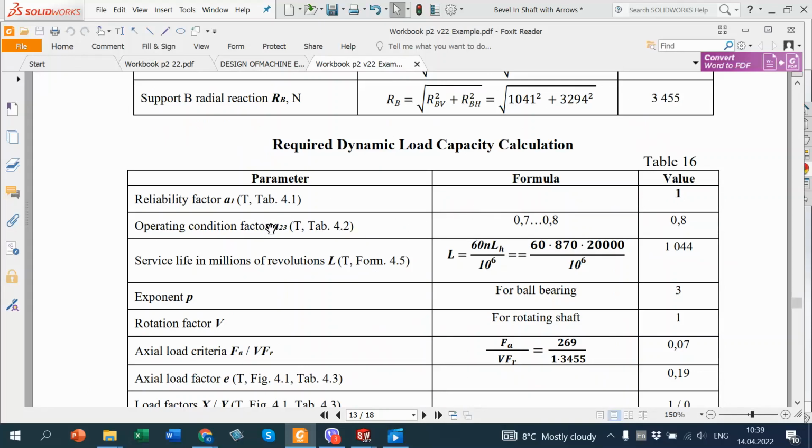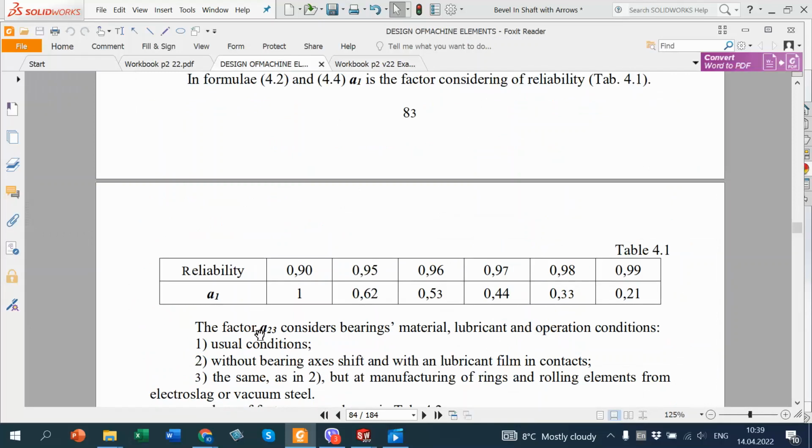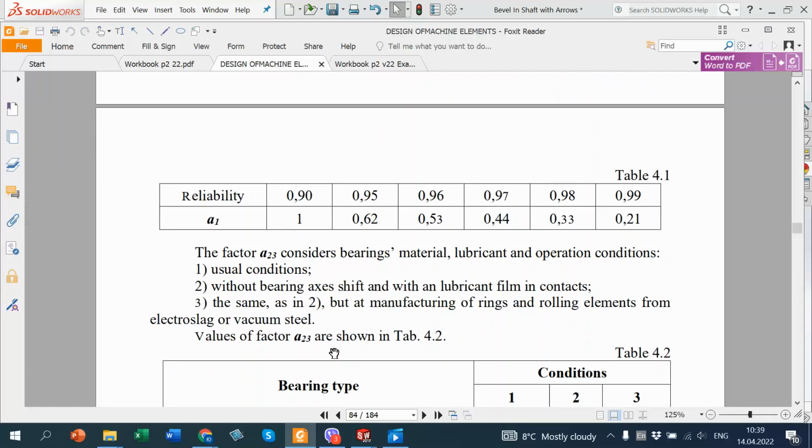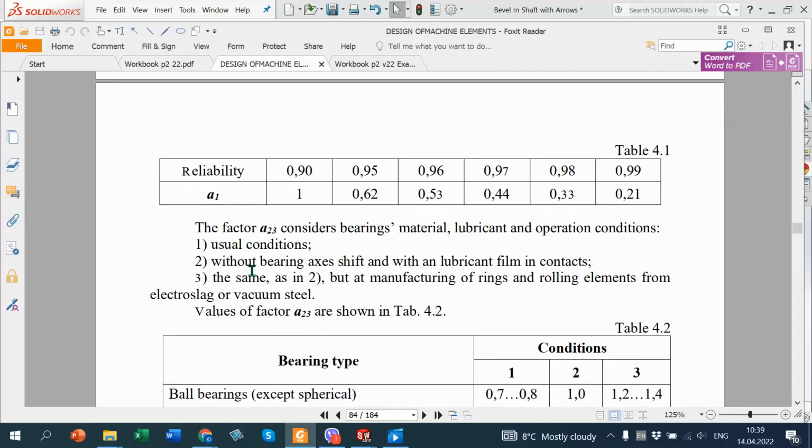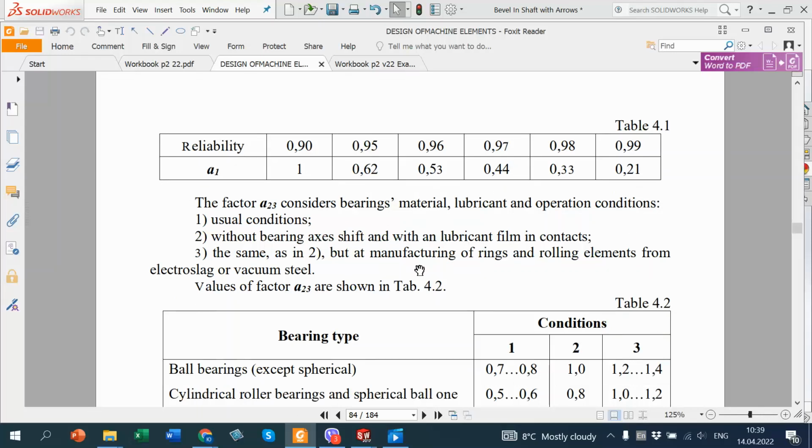Then operating condition factor A23. It may be used for usual conditions without shift of axis, with misalignments, lubricant, best material and flow of lubricant.